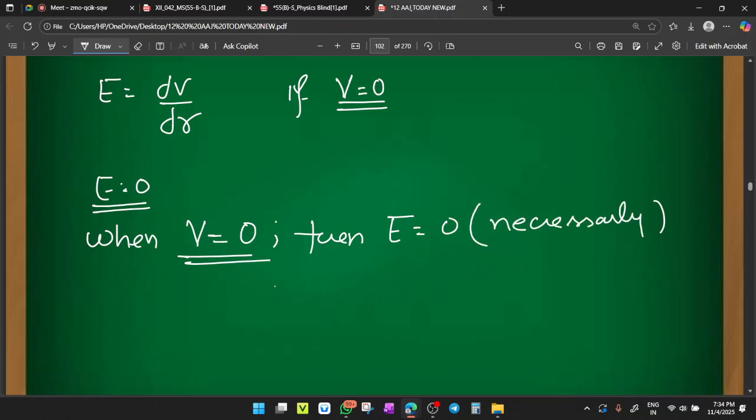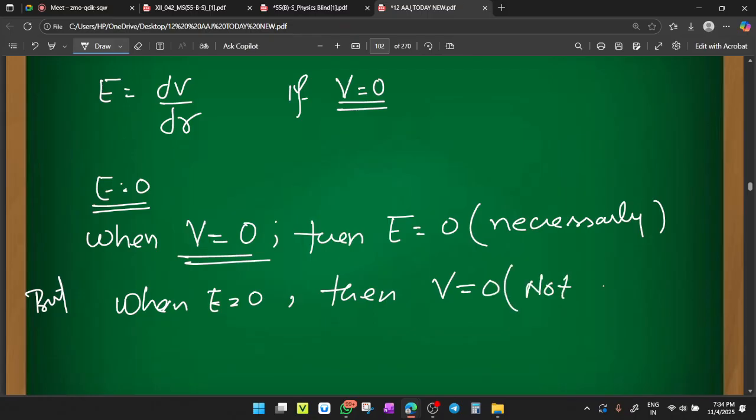But when E equals 0, then V is 0 is not required, not necessary.